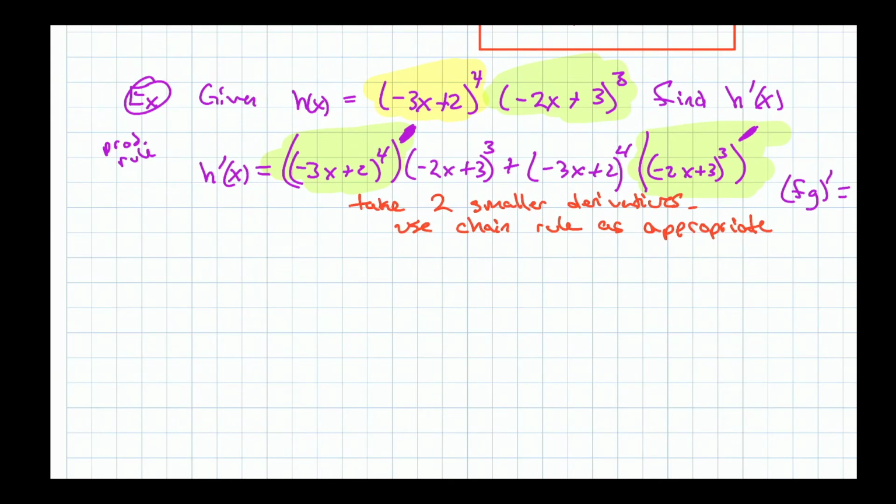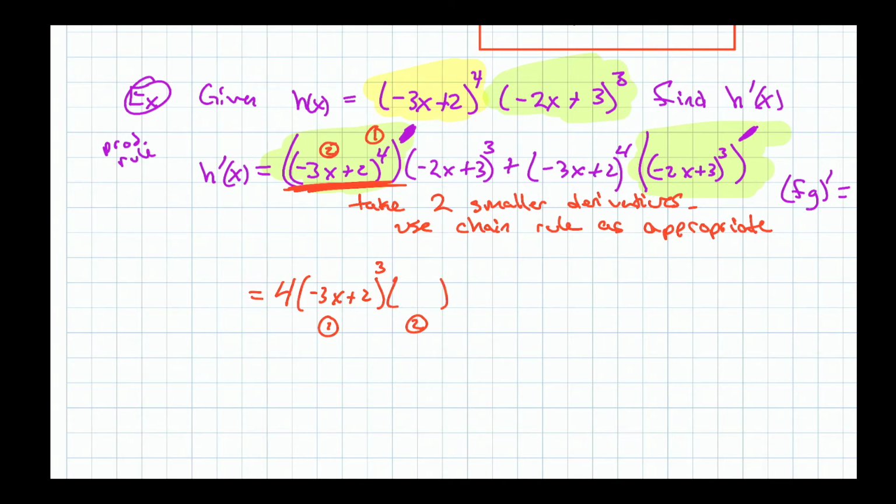So it's not going to be bad. So I'm looking at this one right here, and I see it's something to the fourth power, right? So this is my first function, and then this inside is my second one. So the derivative of something to the fourth power is 4 times that thing to the third, right? That's my derivative of the outside. You multiply by the derivative of the inside.